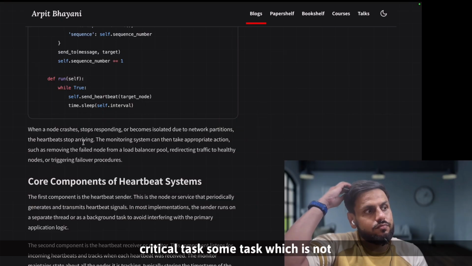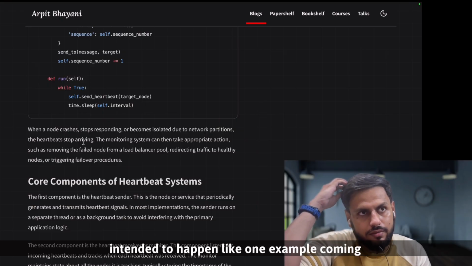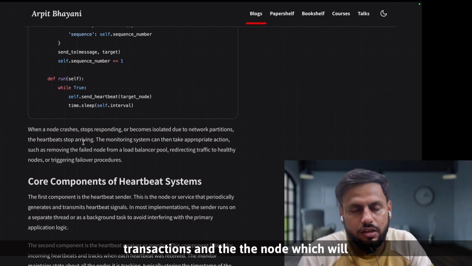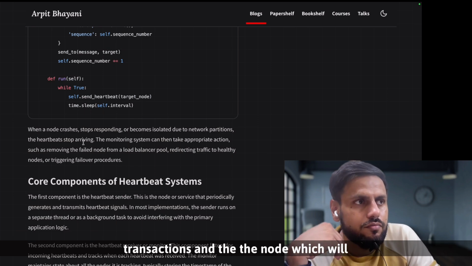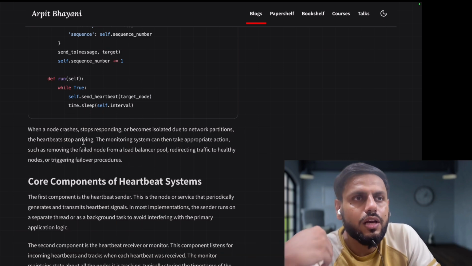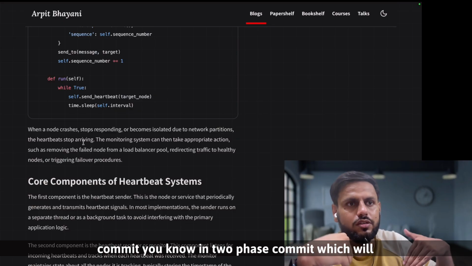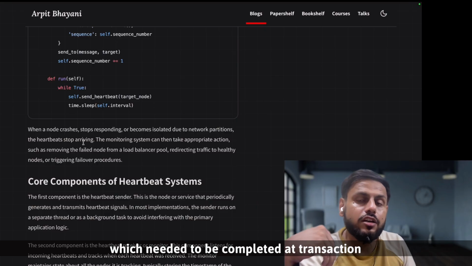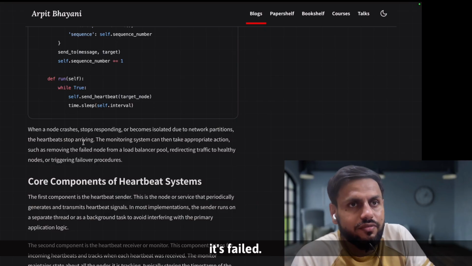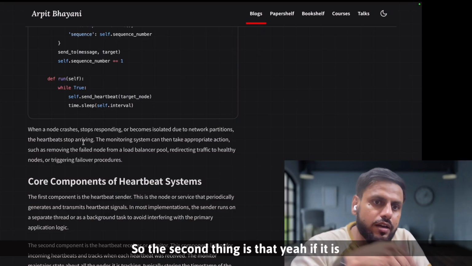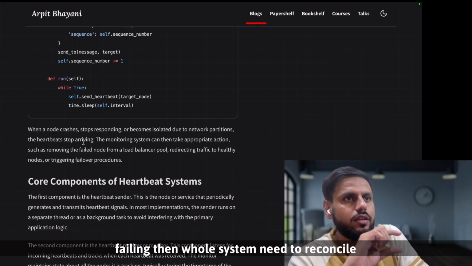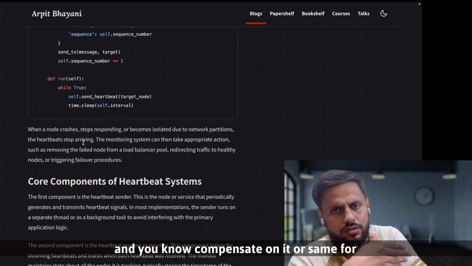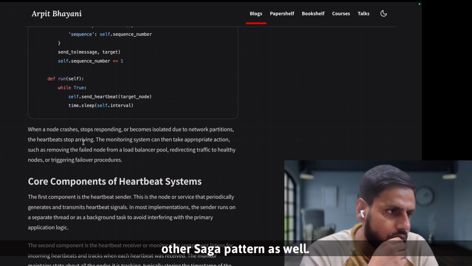One example that comes to mind: if you are using distributed transactions, and the node which will commit in two-phase commit, which needed to complete that transaction, has failed, then the whole system needs to reconcile and compensate for it. Same for the saga pattern as well.